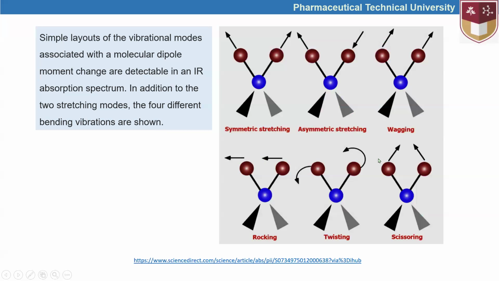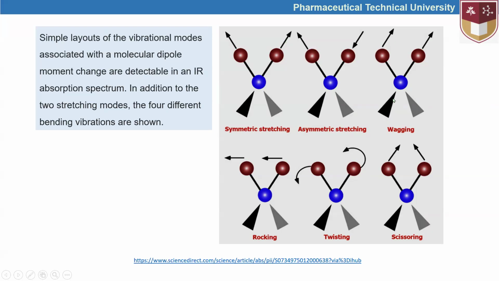We talked about these four different things. This is symmetrical stretching, as we talked. They can be stretched in these directions. And here we see asymmetric stretching. One atom is stretched, another atom might be located at a closer distance. And in wagging, here we can see this kind of changes.